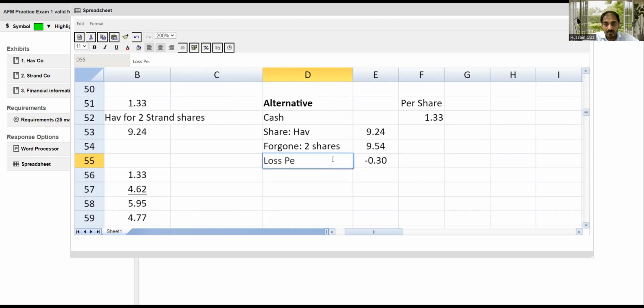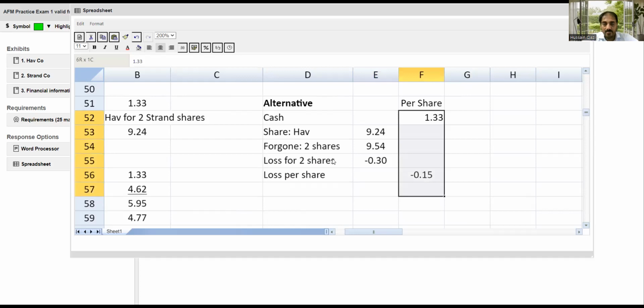It's a loss against 2 shares, not 1, sorry, because they forgo 2 shares. And what about the loss per share? It is equal to this divided by 2. If this loss per share is adjusted with this 1.33, the answer will remain the same.